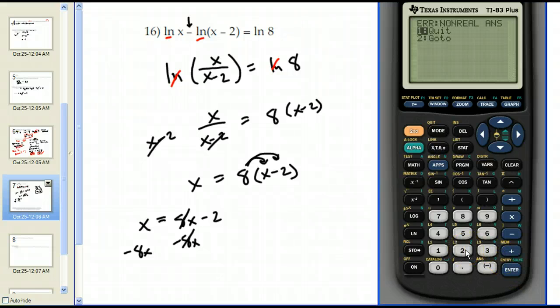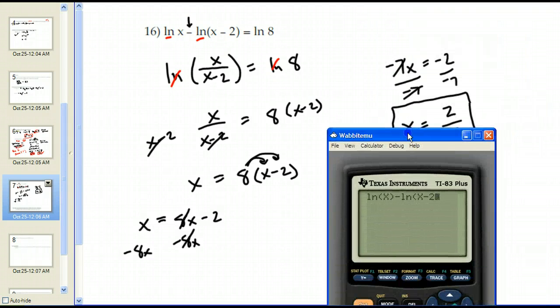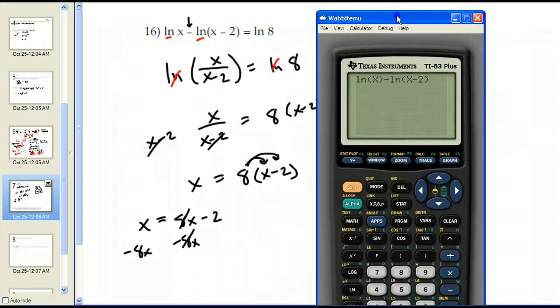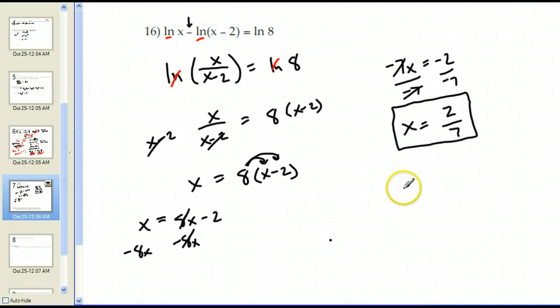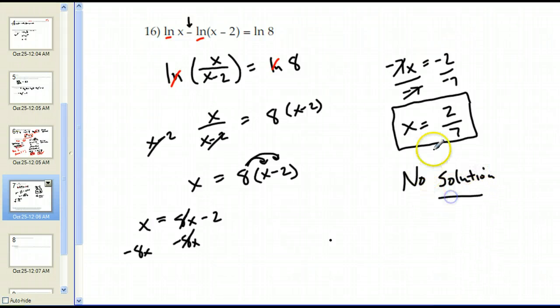It tells me I get a non-real answer. So where's it coming from? Where's the problem? It comes from the fact that 2/7 minus 2 gives me a negative number, and because of that I'm getting no solution here. So the only thing that could work didn't work.